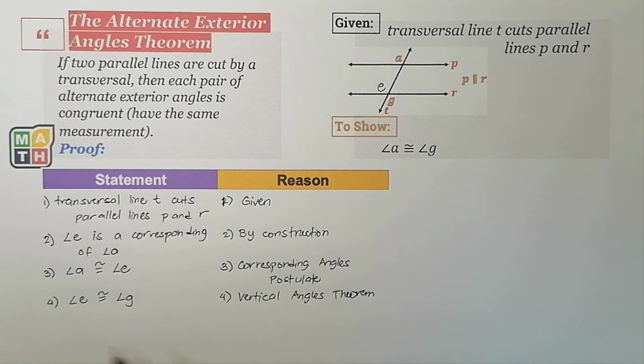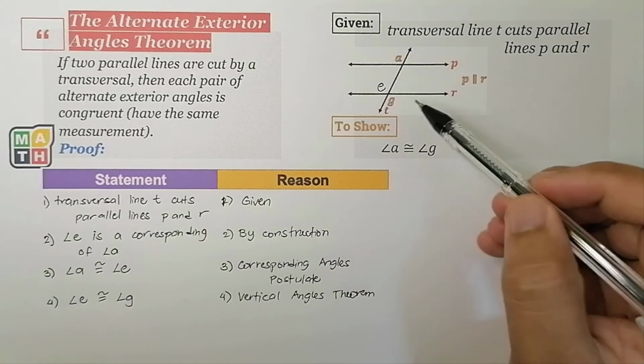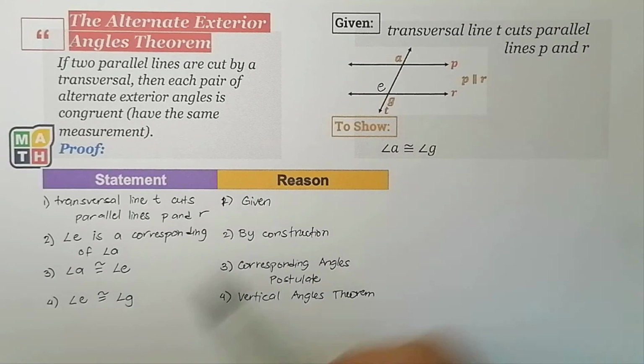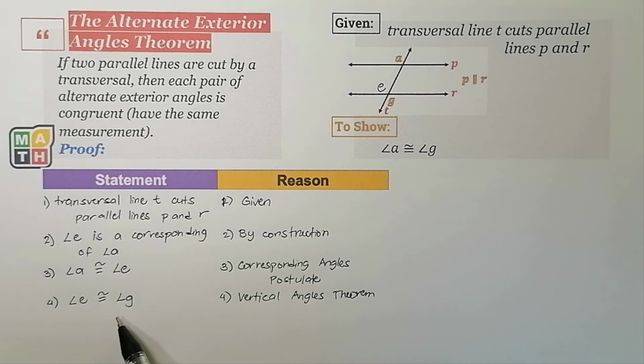This supports that this fourth statement, the added angle E and the given angle G, are congruent.